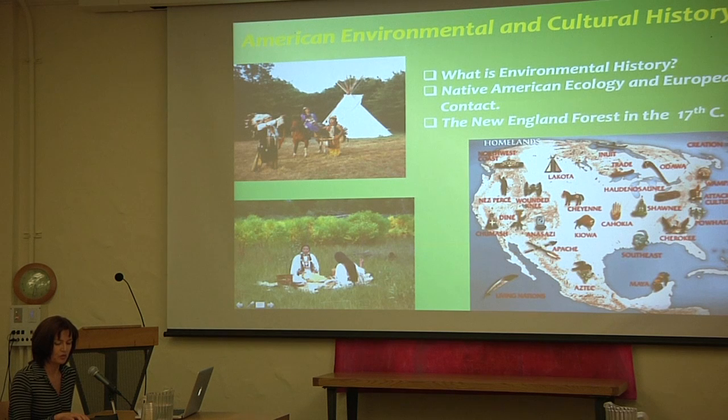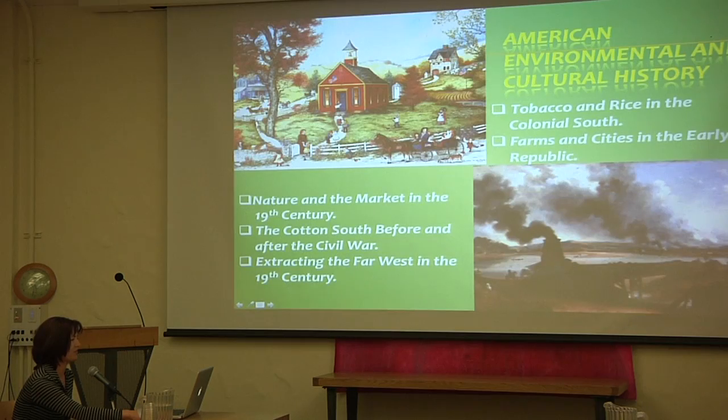Key themes include Native American ecology and the drastic effects of European settlements on North American ecosystems. The use of natural resources in one crop agriculture, mining, forests, and urbanization also will be examined.